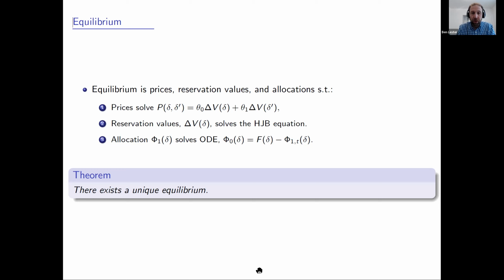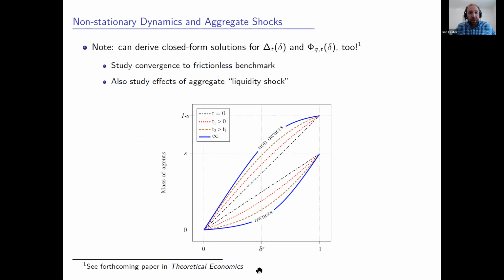Awesome. So I mentioned that I'm not going to go through it all, but you can also derive all the same closed form solutions out of steady state, which again is nice if you want to think about, we were talking earlier about certain shocks, you know, what happened on, I don't know, March 8th, 2020, when we realized that COVID was going to kill the world for 2 years. Well, a lot of people suddenly wanted to sell. You can model that as a sudden increase in the fraction of agents who have a low delta.